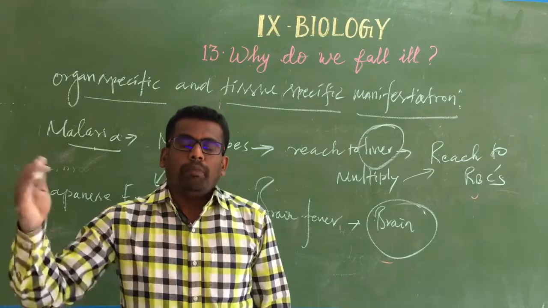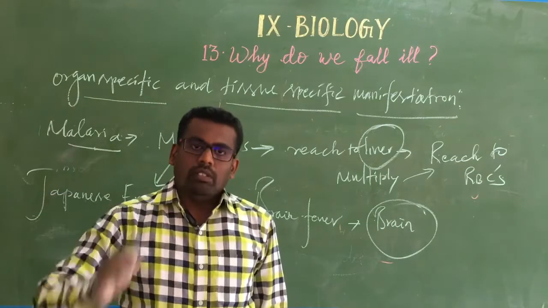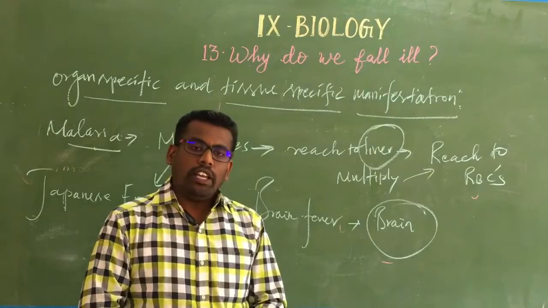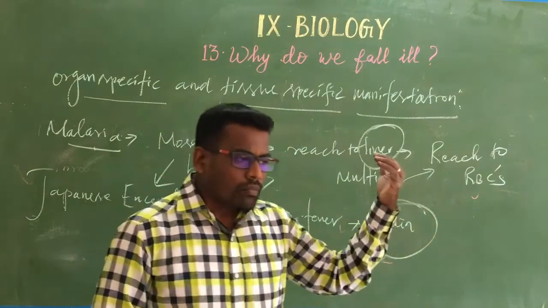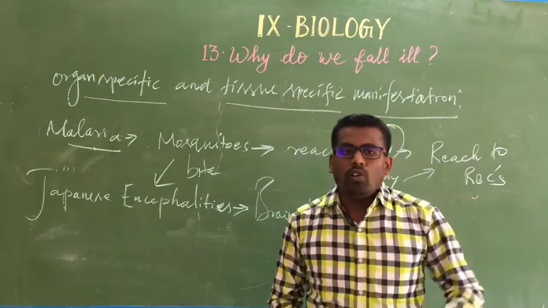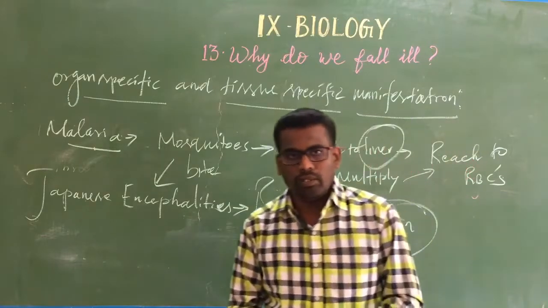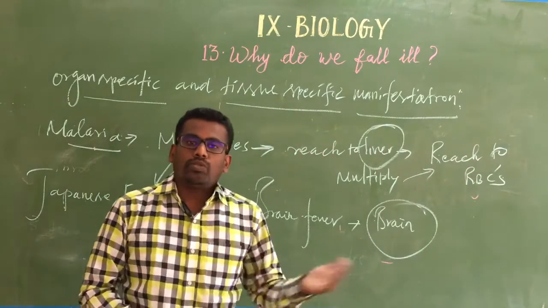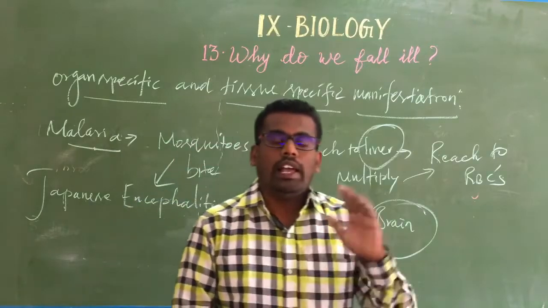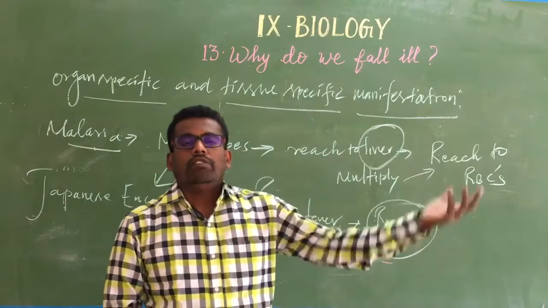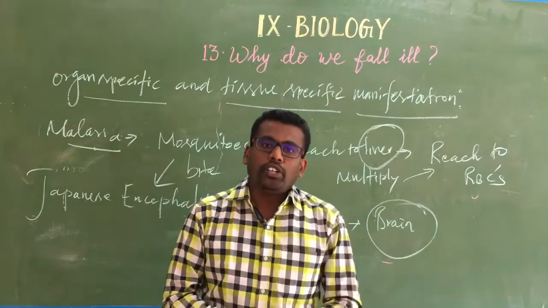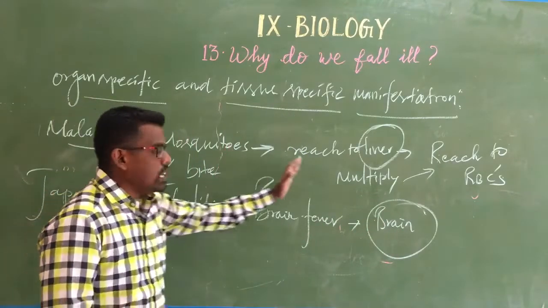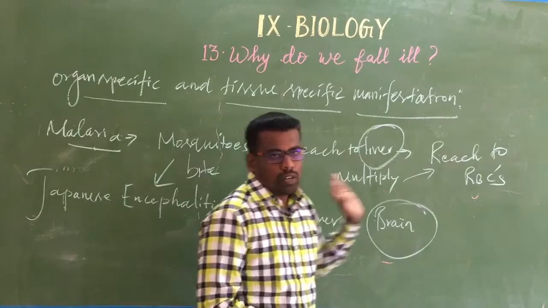So the pathogens stay. How do they enter the body? If they enter through the air, they reach the lungs, or if they enter the mouth, they reach the lining of the gut or alimentary canal, or else if they enter through a mosquito bite. In the first example, they reach the liver and finally the RBC.